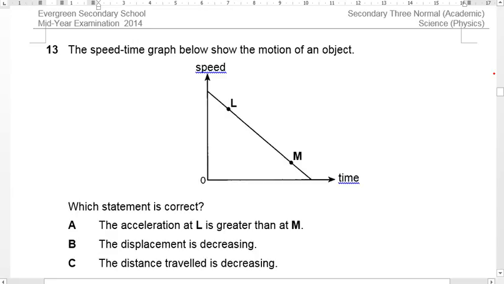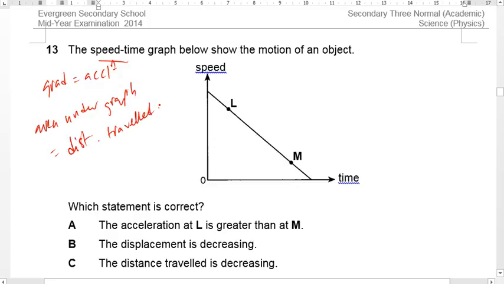Okay, speed time graph again. So, gradient equals acceleration. Which one is correct?